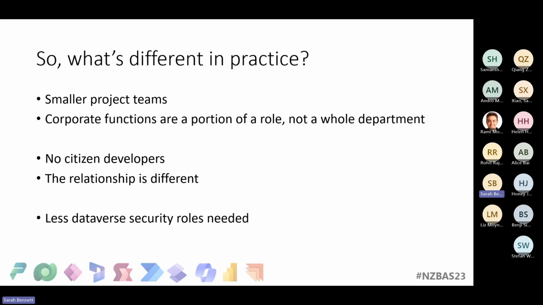And so in corporate functions, what I mean by that is HR, payroll, accounts, health and safety. Perhaps not health and safety because that tends to be a person's role, but corporate functions tend to be a portion of a role and not a whole department. So they don't have C-suites.